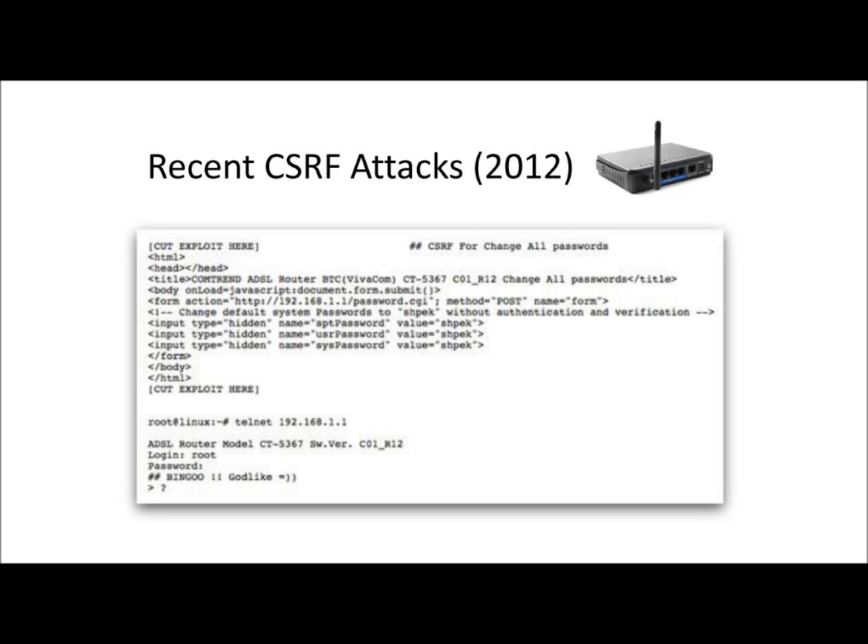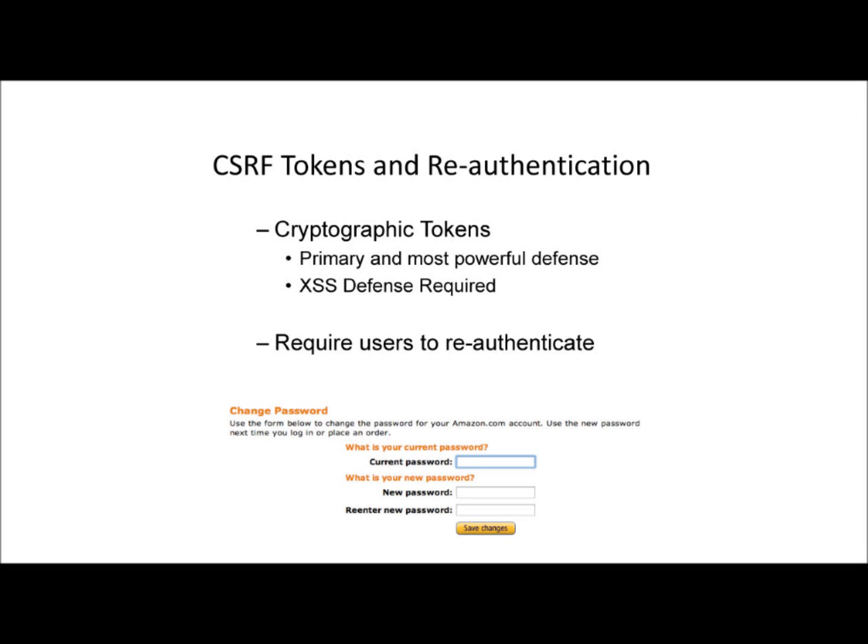And the main way we stop cross-site request forgery is with a pattern called the synchronizer token pattern, using cryptographic tokens. So when the user first logs into your website, we want to generate a large random value for that user. We take the value, we stick it in the session. Every time we give the user an HTML form, we take that random token and put it in the form.